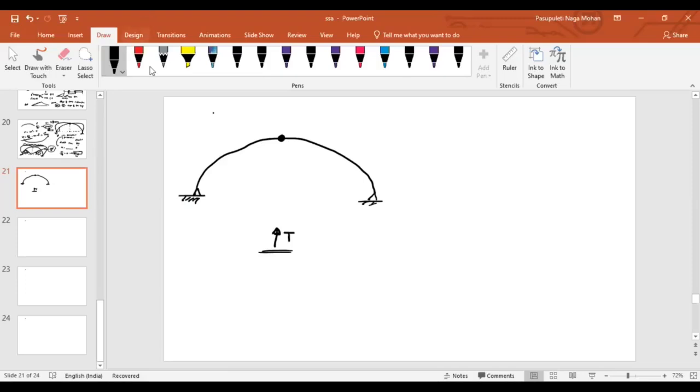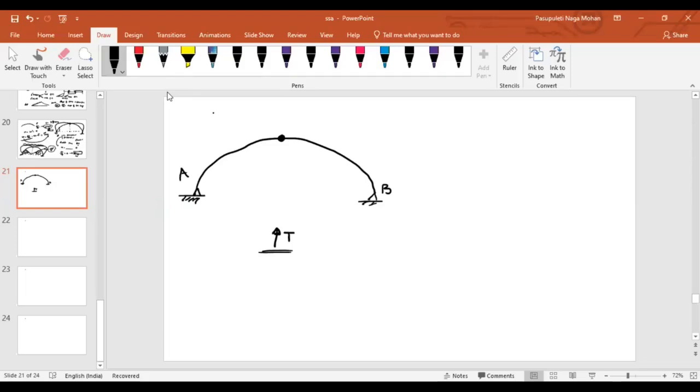Now, look at the supports A and B. Will they allow any expansion? No, sir. Why? Because they are hinged supports, they won't allow expansion. Then how can the expansion happen in this case, if it is possible?